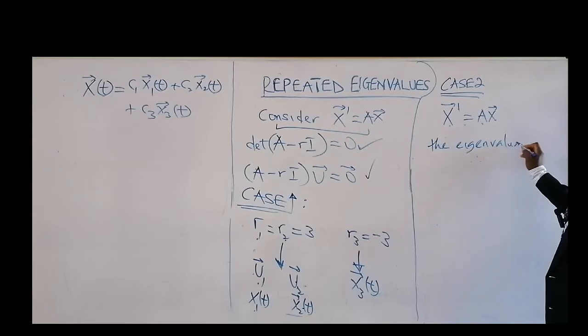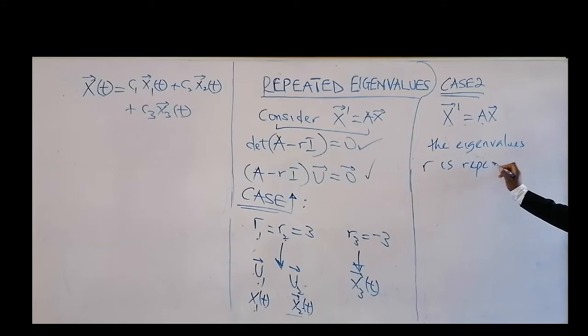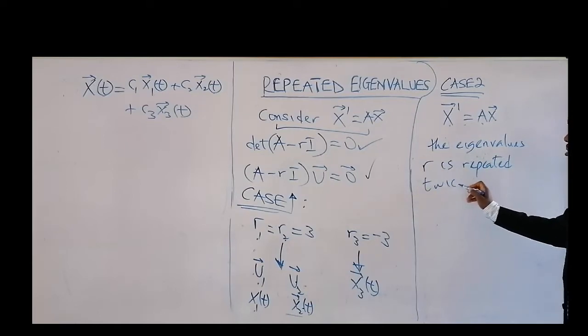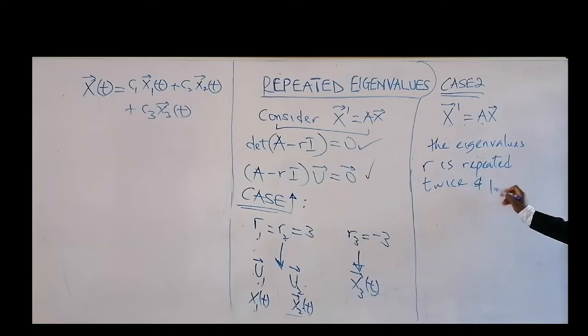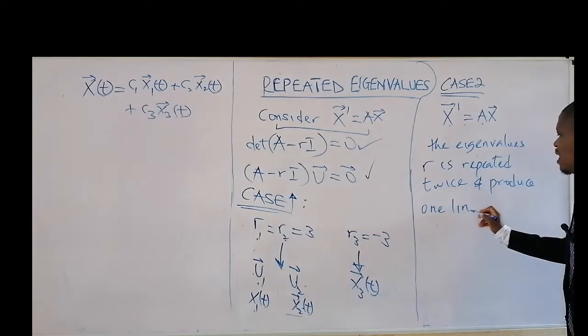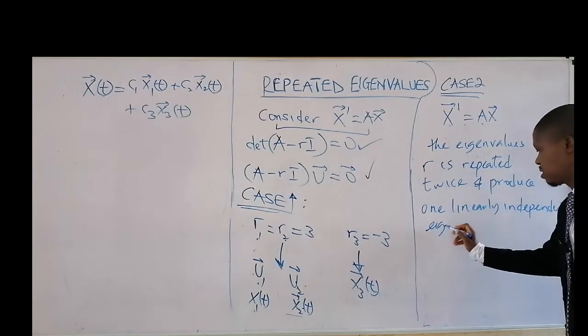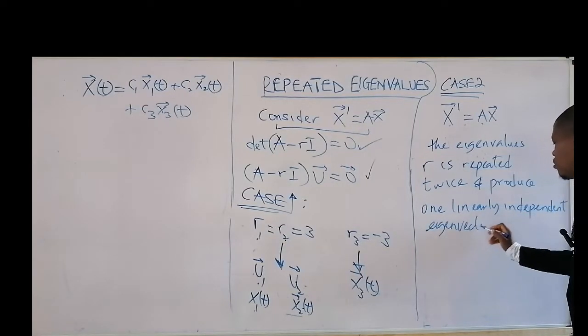eigenvalue R is repeated twice and produces one linearly independent eigenvector.